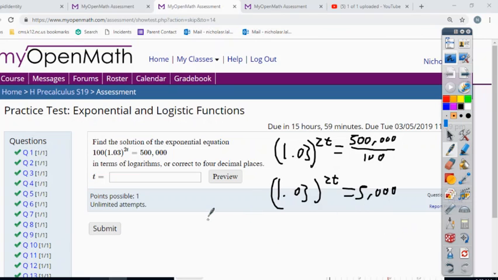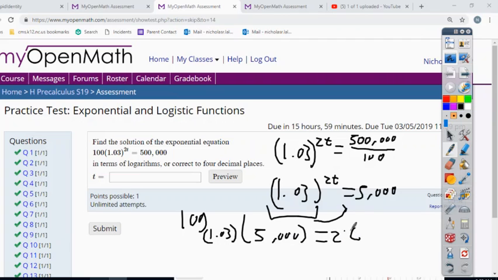Alright, and now I do a log base 1.03 of 5,000 is equal to 2t.